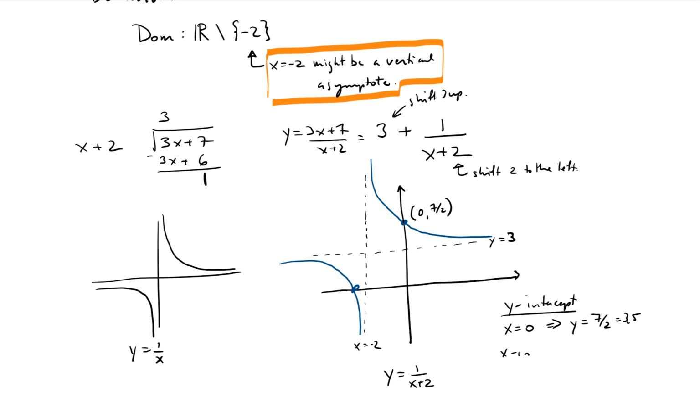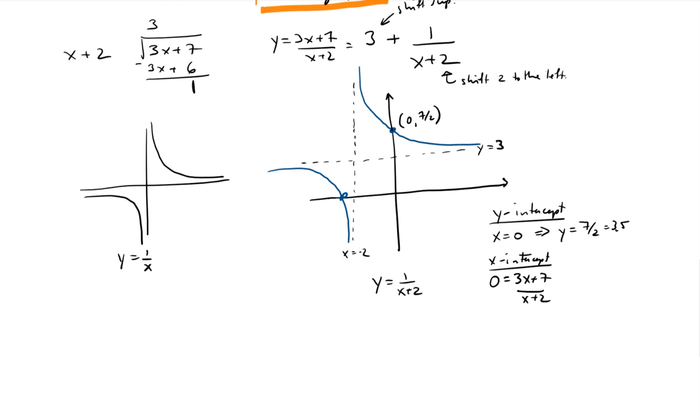So this is (0, 7/2). What are the x-intercepts? There's actually normally only one. Let's confirm that I only find one value where y is 0. So it's (3x plus 7) over (x plus 2). Now a fraction can only be 0 if the numerator is 0. That's the same as saying 3x plus 7 is 0, so x is going to be minus 7/3.